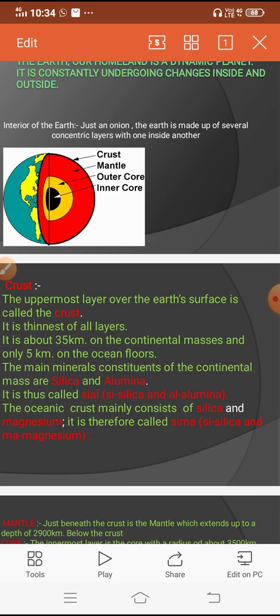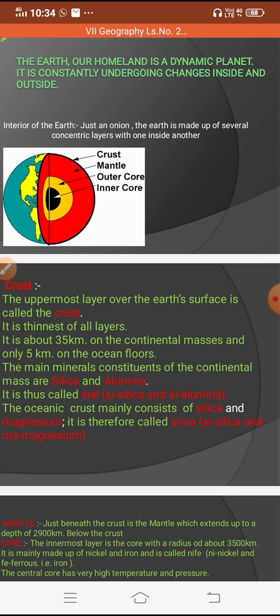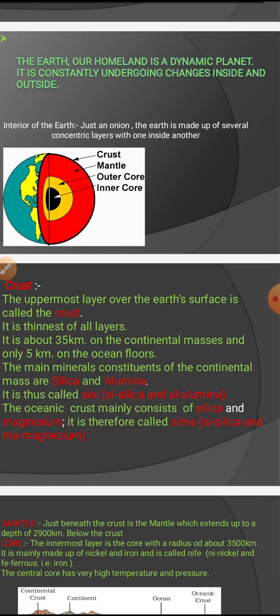It is a short form of silica and magnesium, the first two letters as given here. Sima, that is S-I-M-A. S-I belongs to silica and Ma belongs to magnesium. These concepts are important, you should keep them in mind. Sial is silica and alumina. Sima is silica and magnesium.